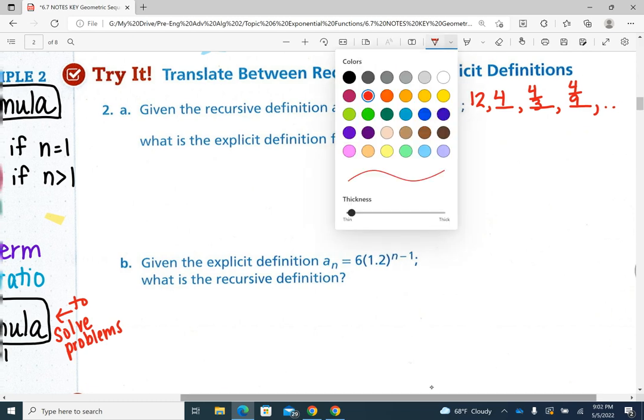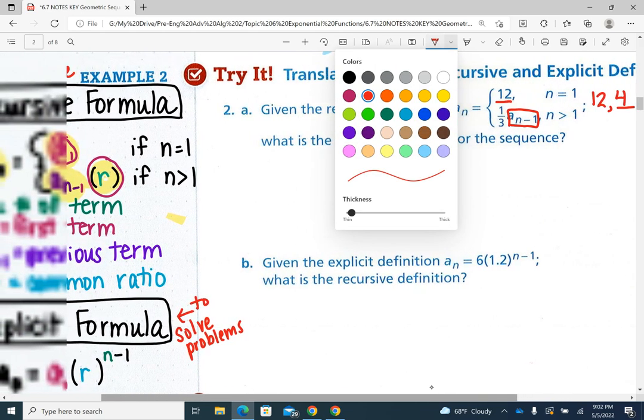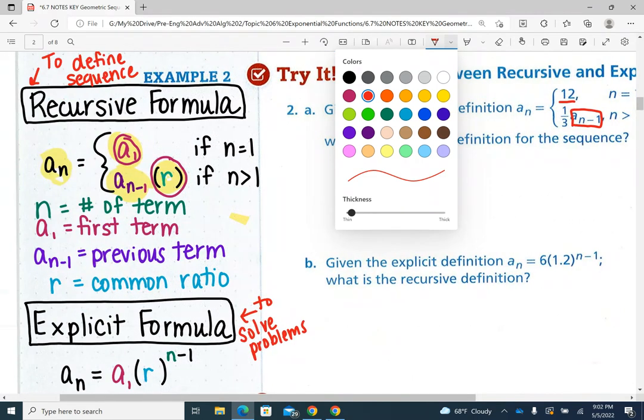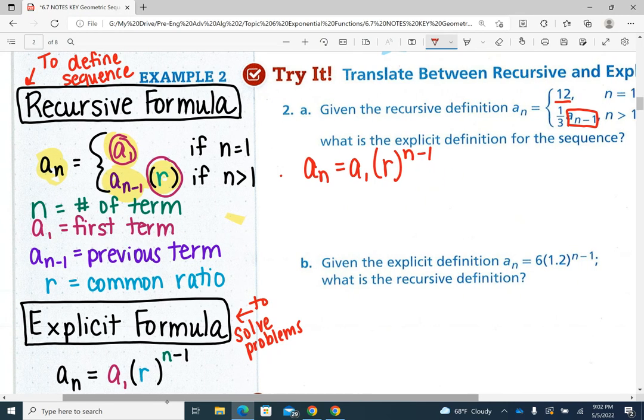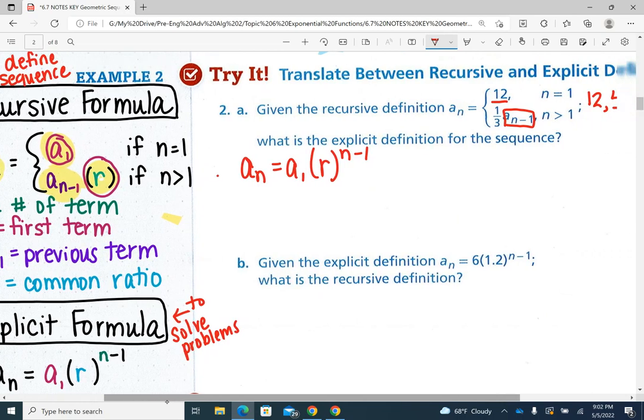Well, according to my notes, the explicit formula is a sub n equals A1 times R to the n minus 1. So I need to know what A1, R, and N are.